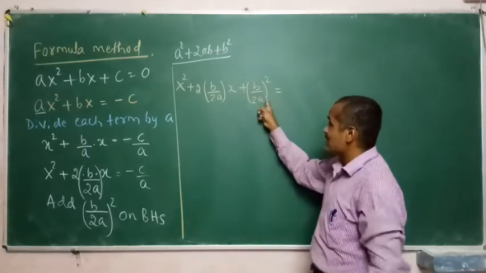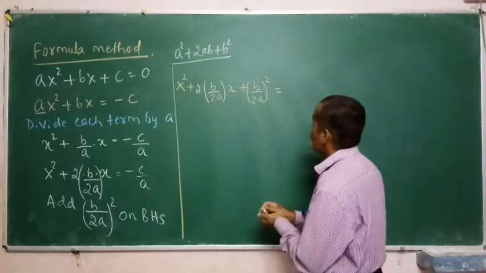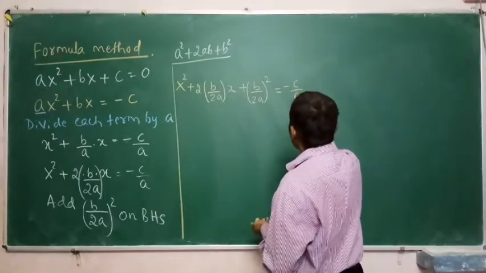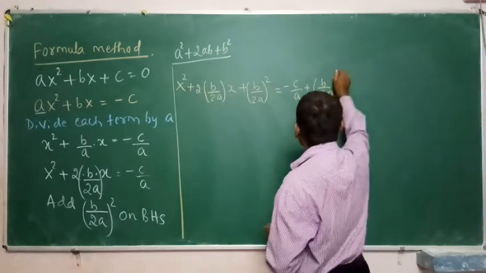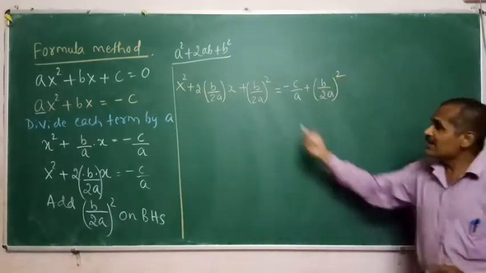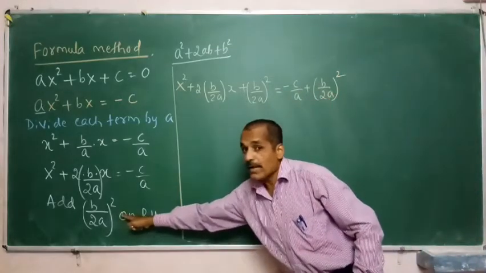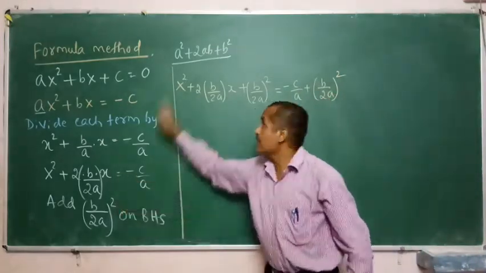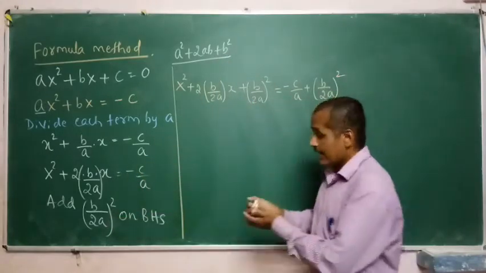When I add this to the LHS, I have to add it to the RHS also. I will write minus c by a plus b by 2a the whole square. This term I have added on both sides. Why do I have to add this term? Because this is the b square term for me.